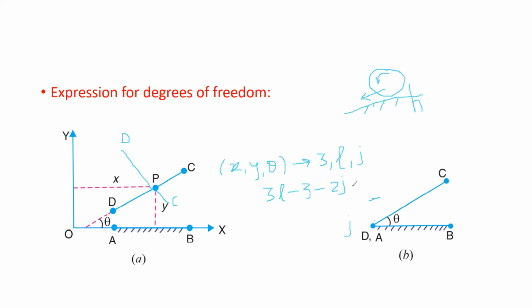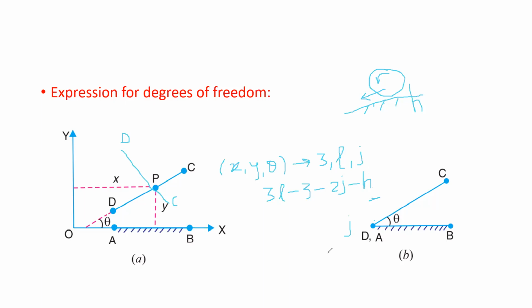If such joints with 2 degrees of freedom are there in the mechanism, then we reduce the degrees of freedom of the mechanism by the number of such joints. Okay, because a higher joint reduces only one degree of freedom. It has 2 degrees of freedom anyway.